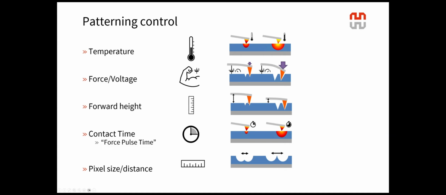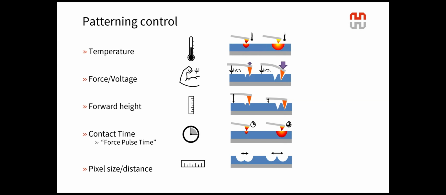We can change the forward height, the distance between the tip and the surface, the contact time, which is the time that we spend in contact with the surface during each pixel, and also the pixel size or the pixel distance. So this is just to give you an idea that we can play with many parameters when we do thermal scanning probe lithography, TSPL.